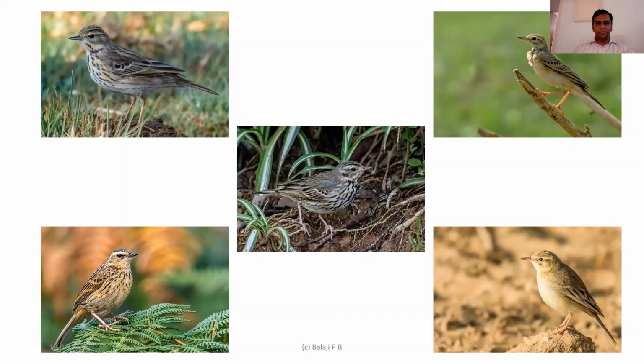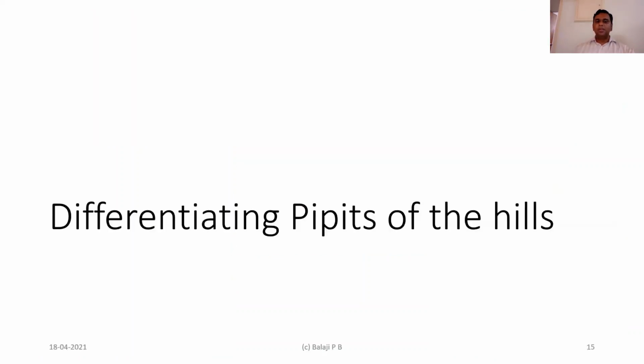a few species. So, okay, now to make the process very simple, what I've done is differentiate pipits of the hills and pipits of the plains. So pipits of the hills are 4 pipits, which is basically your olive-backed, your tree pipit, your Nilgiri pipit, and your long-billed pipit.